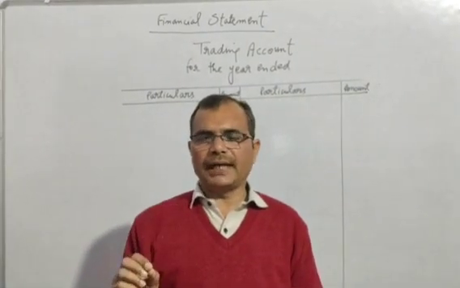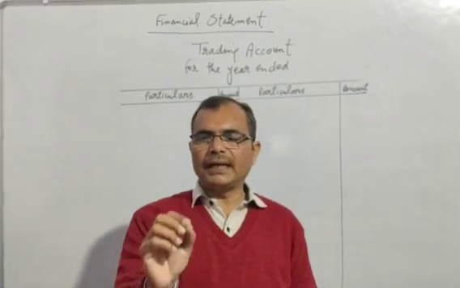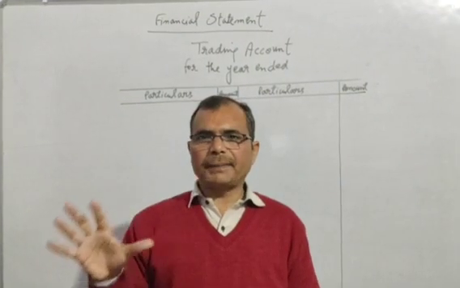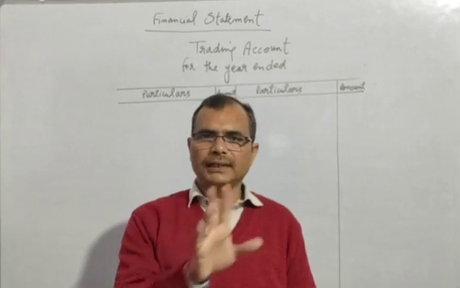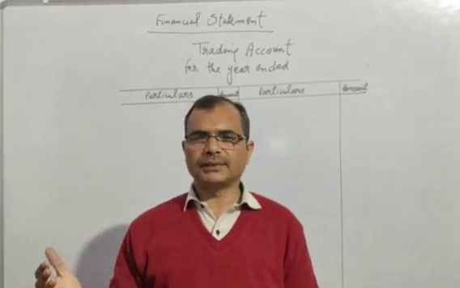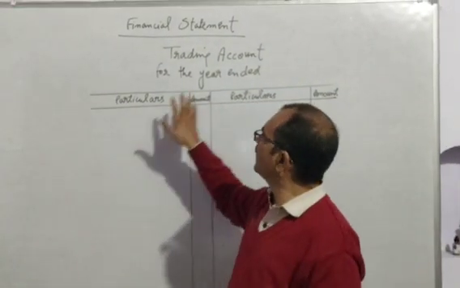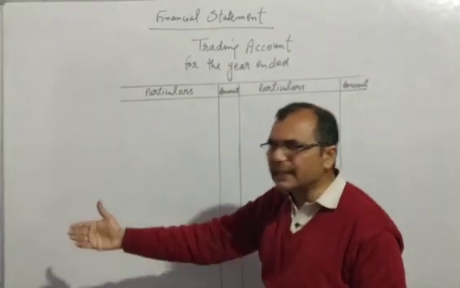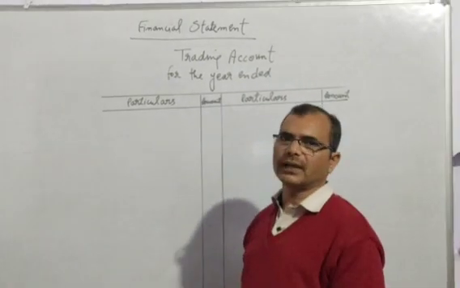Now we should understand what items are entered in the trading account. All the expenses are divided into two. The first one is direct expenses and the other one is indirect expenses. All the direct expenses are entered in the trading account, and all the indirect expenses are entered in the profit and loss account.